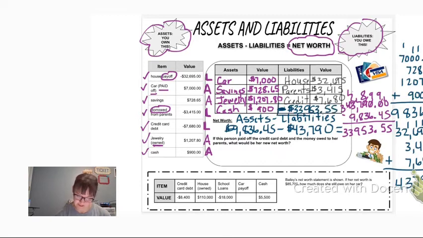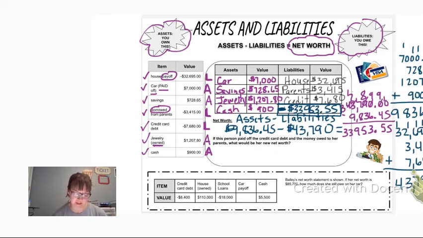That would be this person's net worth. Negative because they owe more money than they own. That's going to make you have a negative net worth because their debt outweighed what they own. That's not a situation that you want to be in.